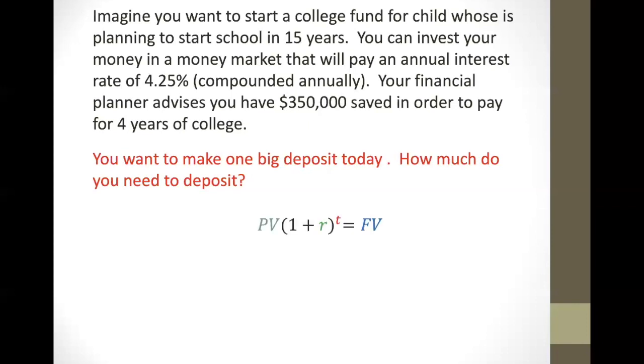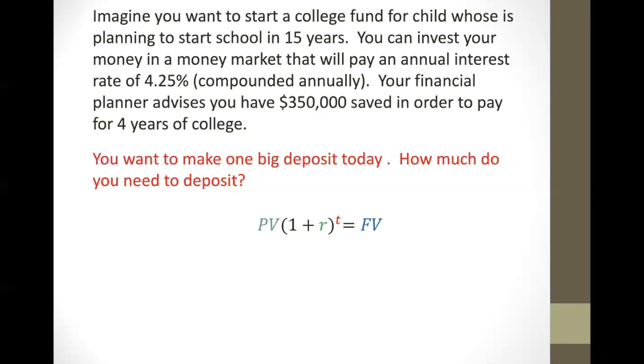So the main takeaway from today's video is here's the formula to connect present value and future value. The present value times 1 plus r raised to the tth power equals the future value. So on the left side, we have what we have today, and then we accrue some interest. And on the right side, that tells us what that investment would be worth in the future, t years.